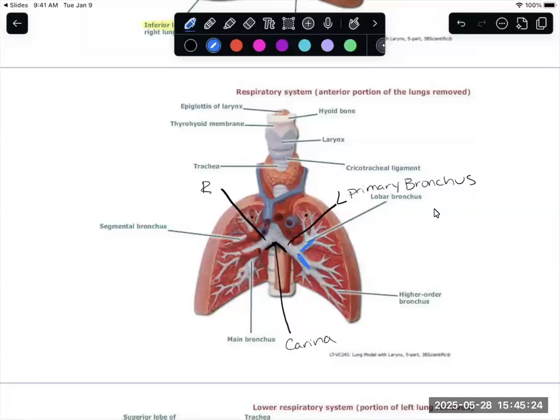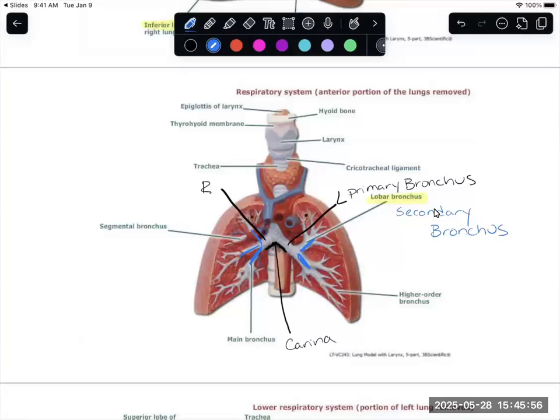On that right side, we have a split that goes three ways, one to the superior lobe, one to the middle lobe, and one to the inferior lobe. That split can be known as our lobar bronchus, as this is labeled, but we can also call it our secondary bronchus.